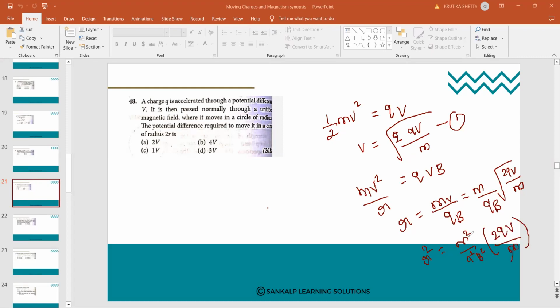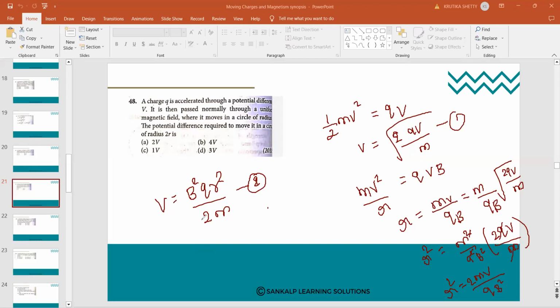So m will cancel, q will cancel, and what remains is 2mV divided by q b square. This is r square. They are asking for the potential, therefore V is equal to b square q r square divided by 2m. This is equation 2.